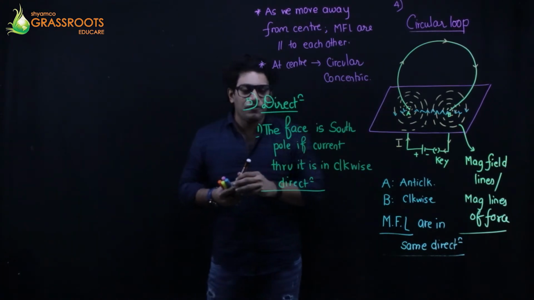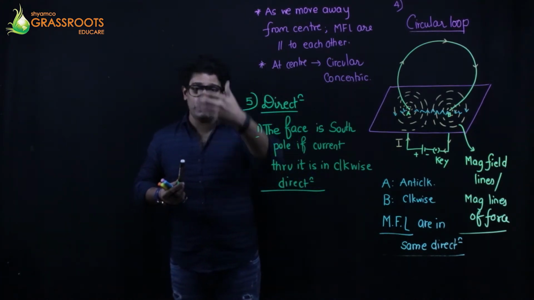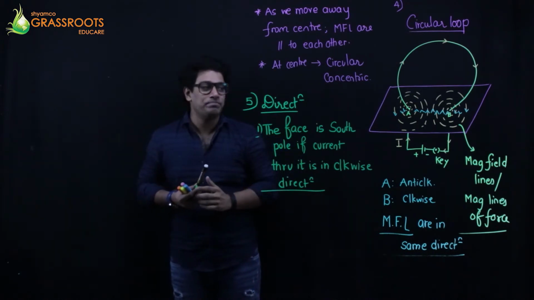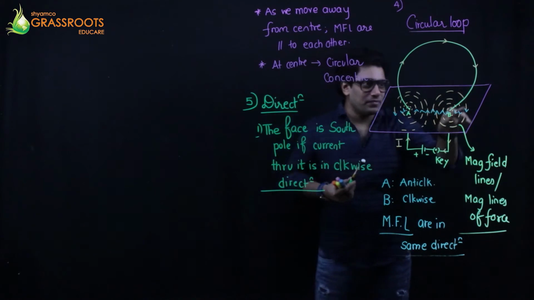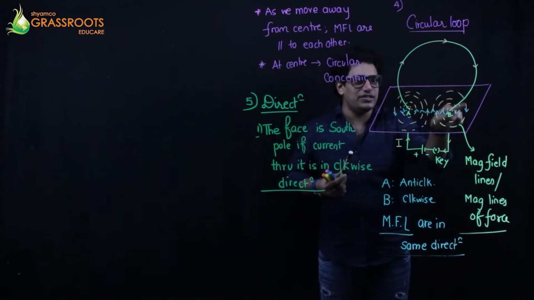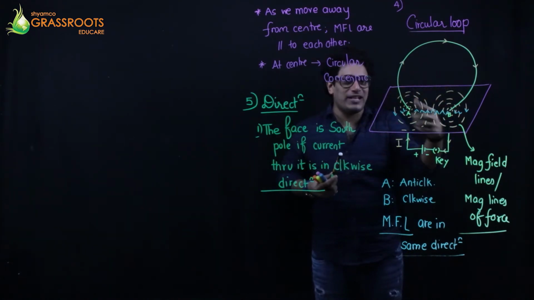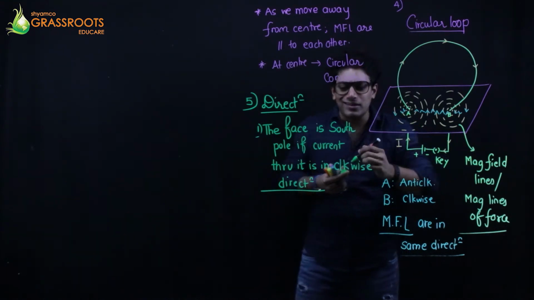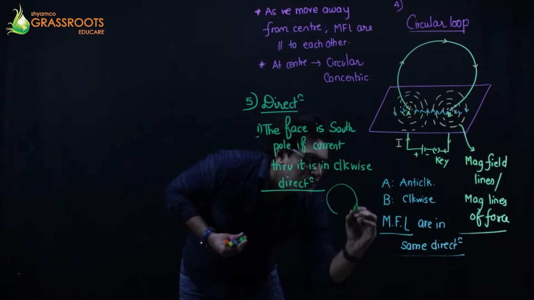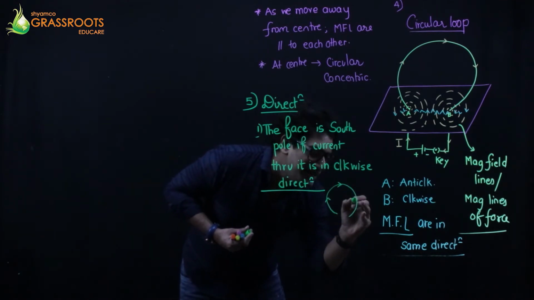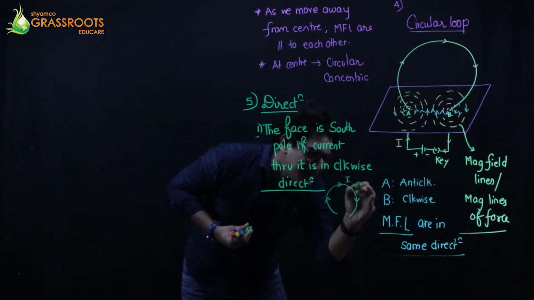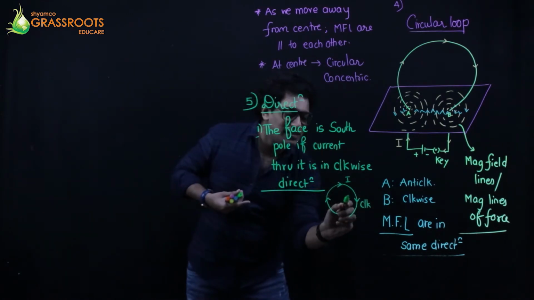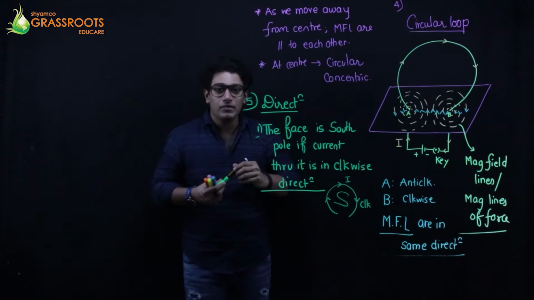Look, if I am the person who is behind the board, behind the glass, I can say that this is clockwise from my point of view. So if the face of the loop shows the direction of the current clockwise, I will say that my face is the south pole.